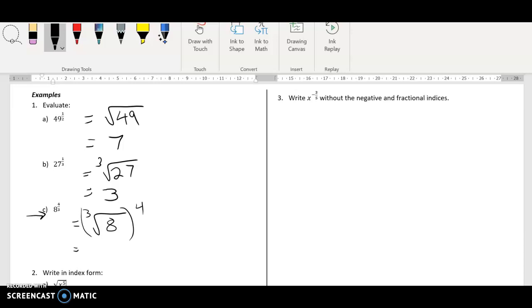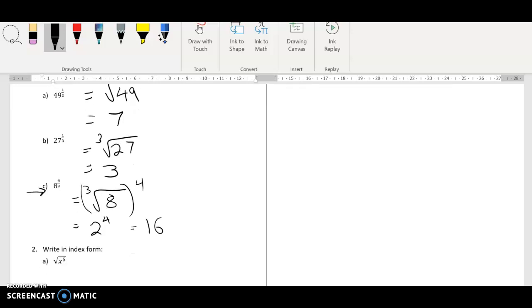But if we had an algebraic base, like instead of the 8 being an x, then you'd need to be able to express it in this way and you wouldn't be able to evaluate it. So the cube root of 8 is 2. So this is really the same thing as 2 to the power of 4, which is 16. 2 times 2 times 2 times 2. Okay.